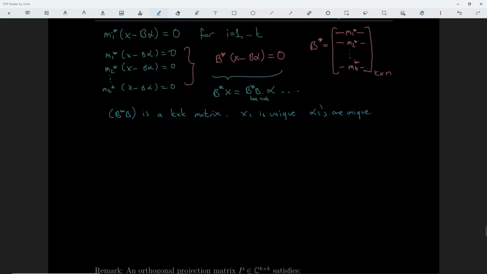Then this equation has a unique solution. The equation above has a unique solution.